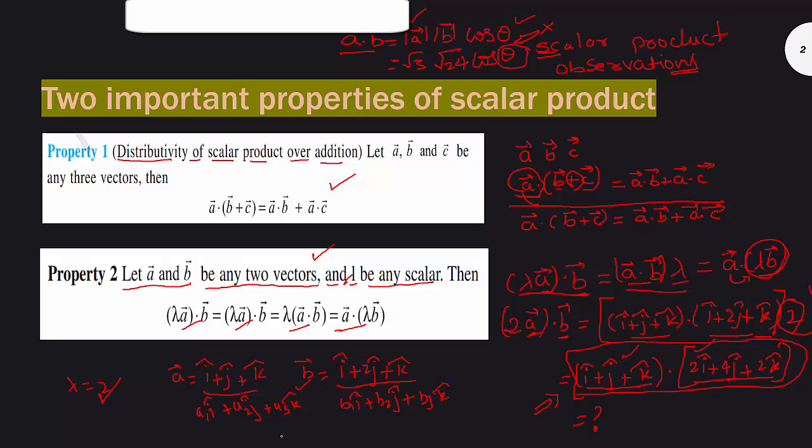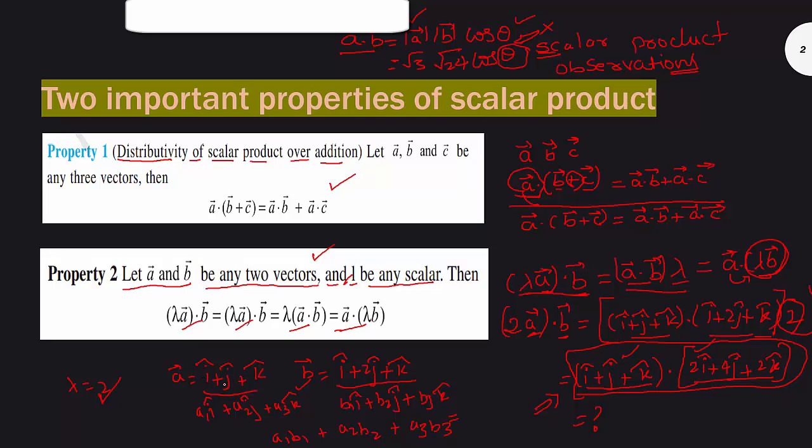Clear? If you want to make a dot product here, what are you going to do? a1 into b1 plus a2 into b2 plus a3 into b3. This gives you the dot product.